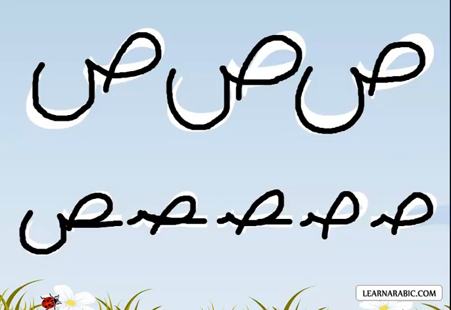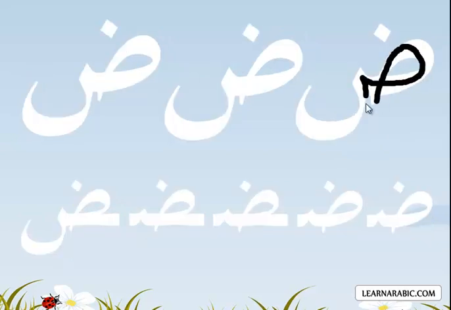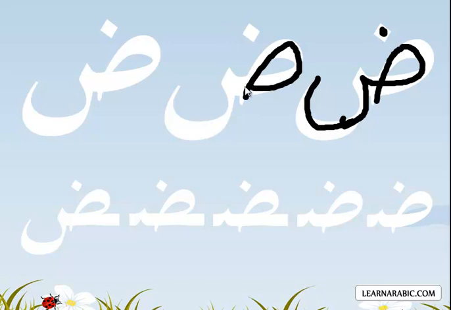like that. And then we have the partner of Sad, which is Dad. And so this takes the same main body shape with a dot at the top to distinguish it from the Sad.